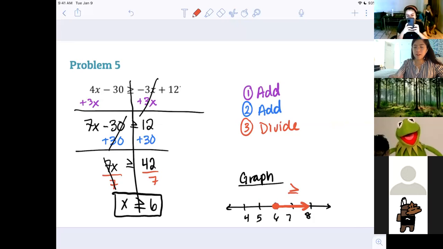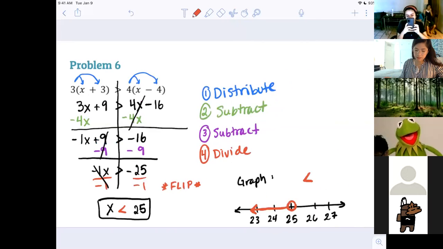Okay. And then the last one, x is less than 25. And this one had a flip. In the last step, I had to divide by -1, which made my sign flip. Any questions on this last one?